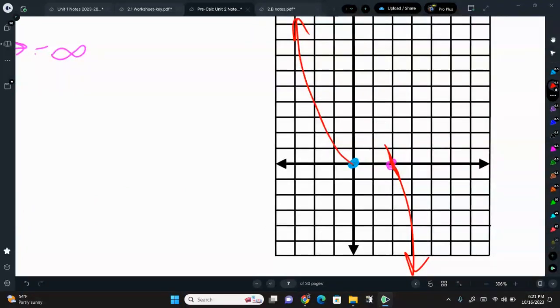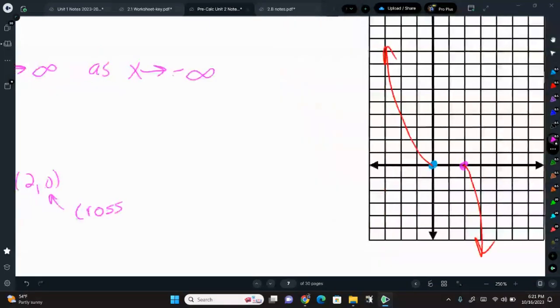Now, if it's bothering you or you're struggling with what to do from this point, and you say, well, how do I know how high to go? Like I said, it doesn't matter. But if you want to, you can just substitute in x equals 1 or x equals any number to get another point. If that makes you feel better, I'll just show you if we plug in 1.